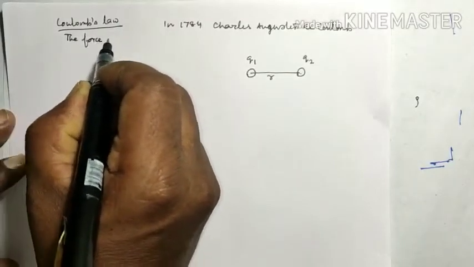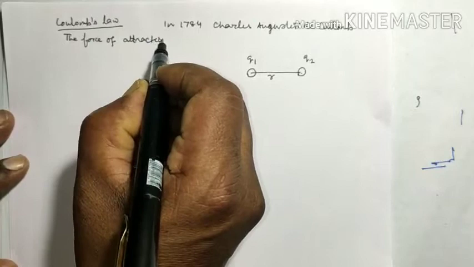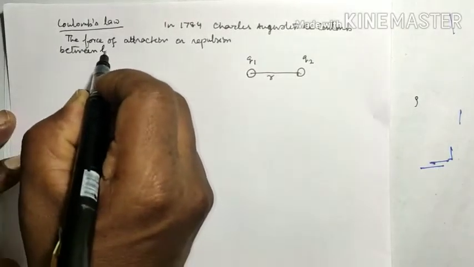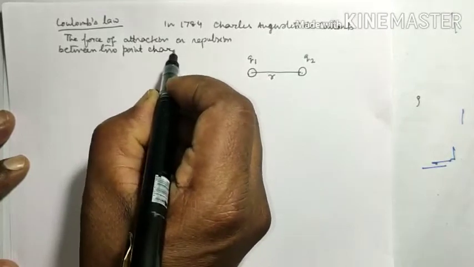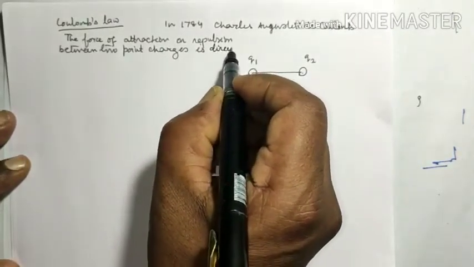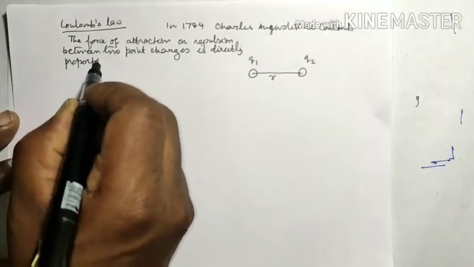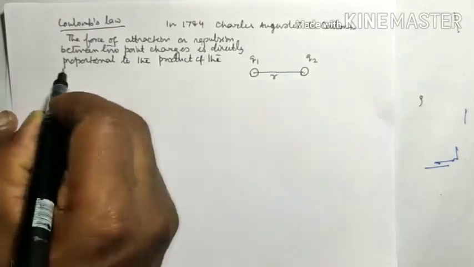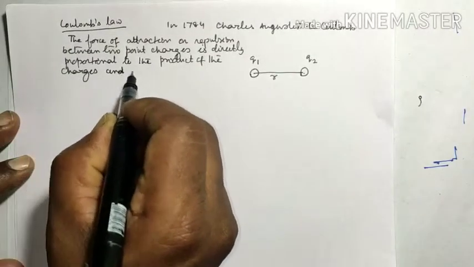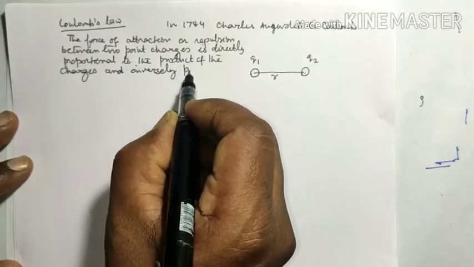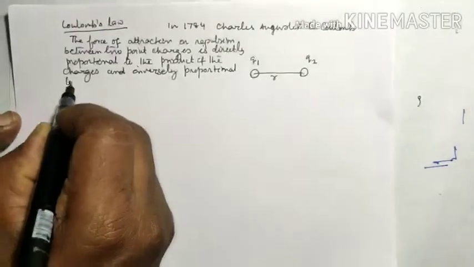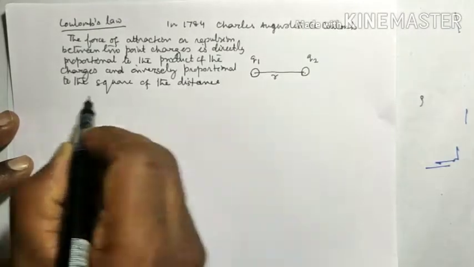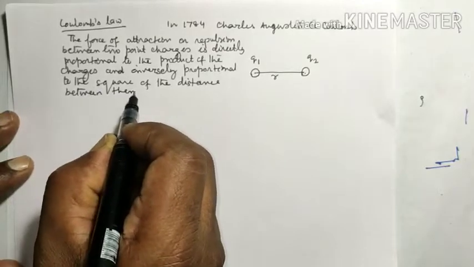The force of attraction or repulsion between 2 point charges is directly proportional to the product of the charges and inversely proportional to the square of the distance between them.